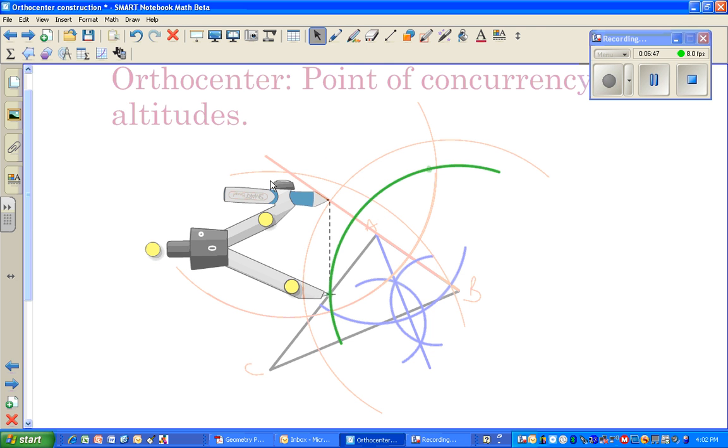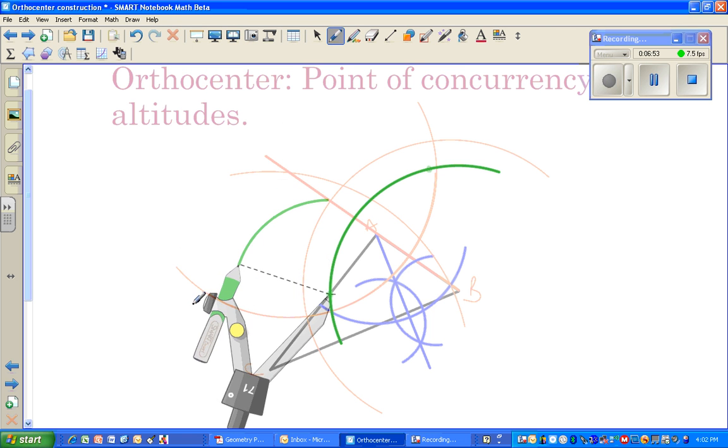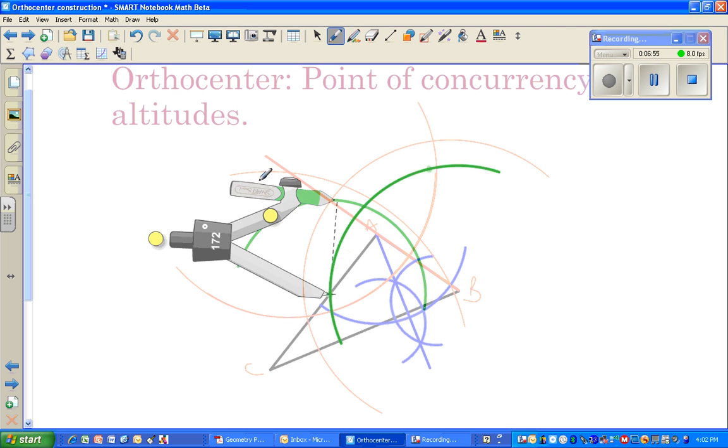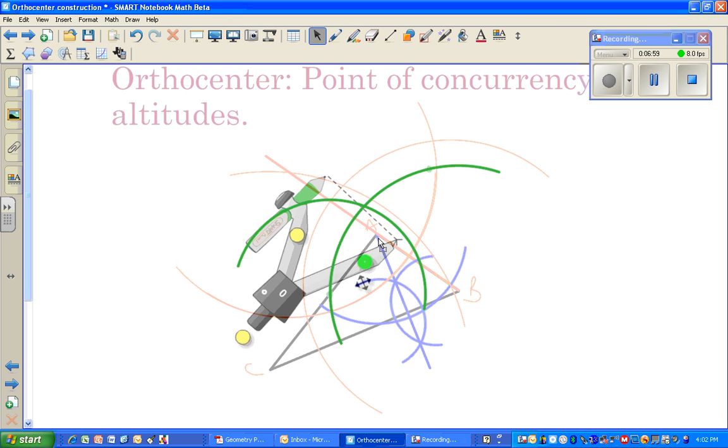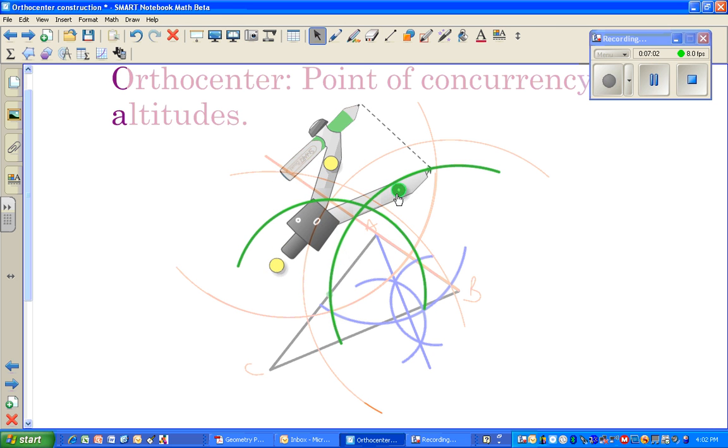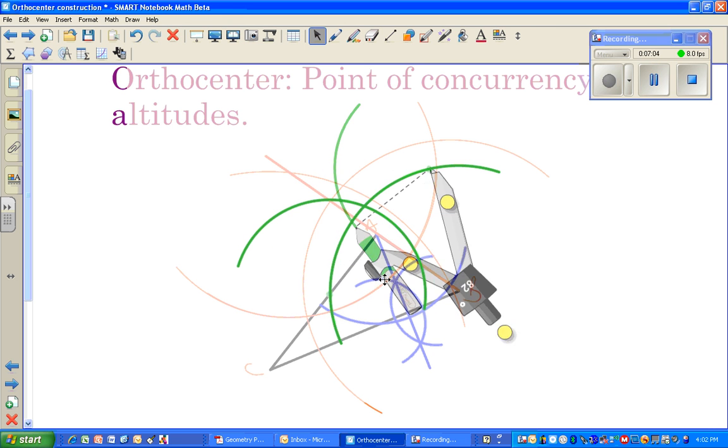My segment disappeared, but we know where that point is because I've marked it. Okay, I'm going to swing that arc clearly more than halfway above and below. Then I'm going to pivot on the other endpoint. Swing an arc above and below, clearly more than halfway.